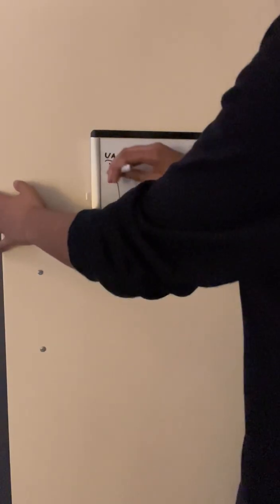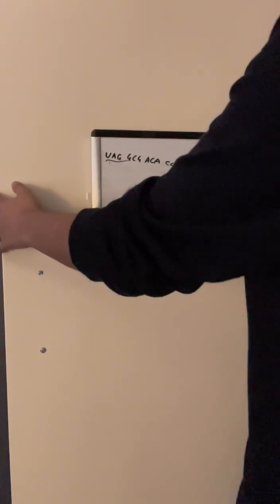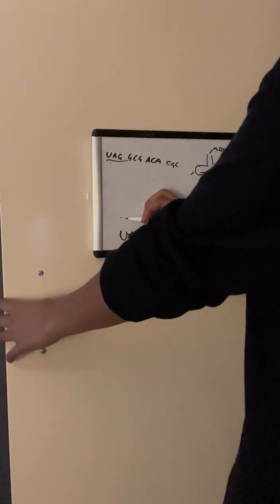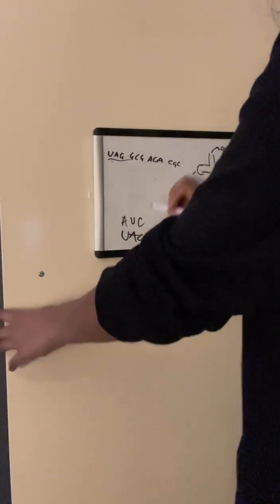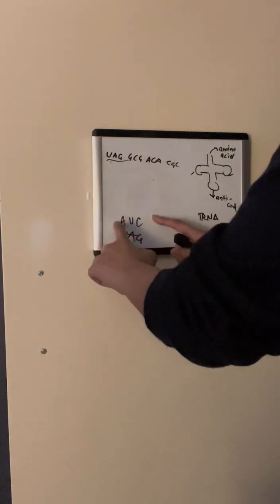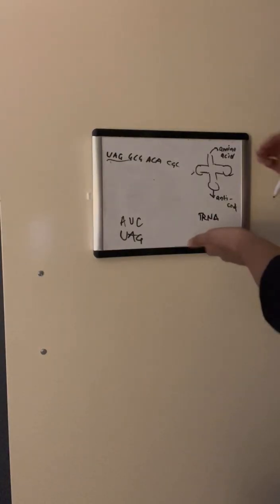So it's going to go to the corresponding codon, and then it's going to attach its anticodon to the codon. So you have UAG here, and so the corresponding anticodon is going to be AUC, right? So that's the anticodon on the tRNA molecule.